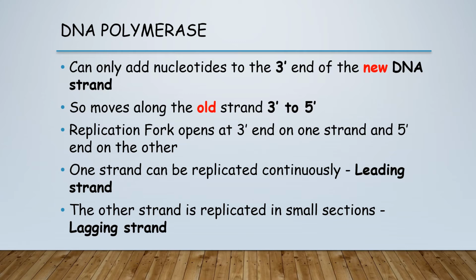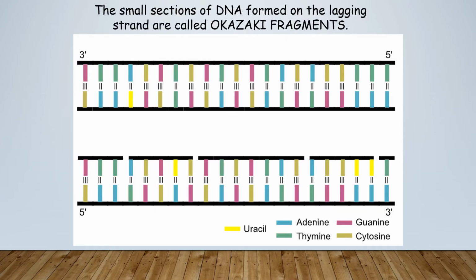The lagging strand, our bottom strand on this diagram, has to be replicated in small sections because it's going in the opposite direction of DNA helicase and the replication fork being created. These small sections of DNA formed along the lagging strand are referred to as Okazaki fragments. They were discovered by husband and wife team, the Okazakis, and therefore have been named after them.